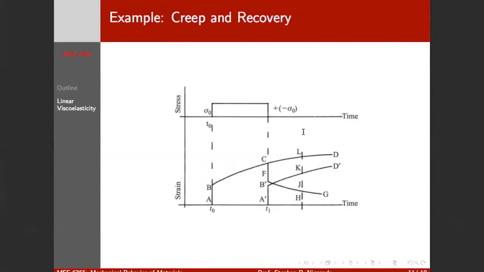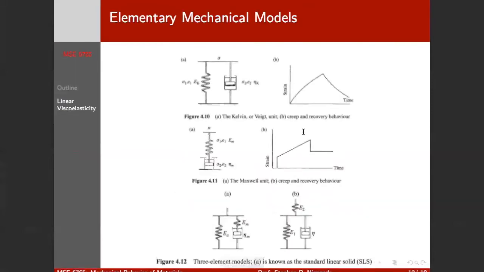But what defines the shape of the stress response or the strain response under the small load? And for that, we have a couple different elementary models to describe these different responses.